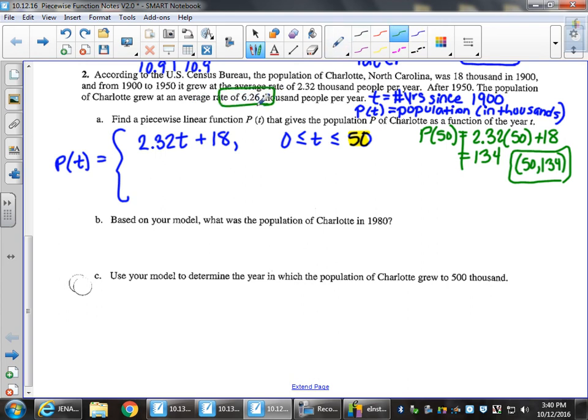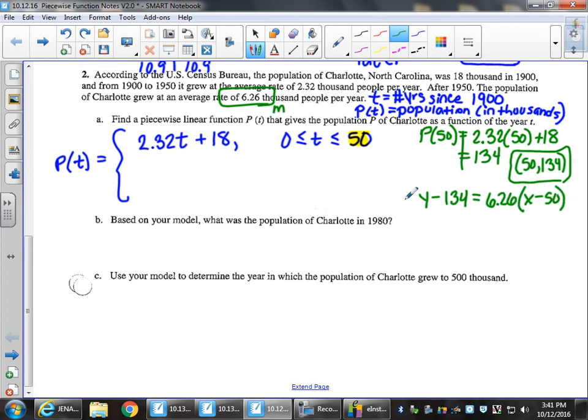So there is my m. We're going to take this ordered pair and this slope and substitute into our point slope form. So that will become y minus 134 equals 6.26 times x minus 50.